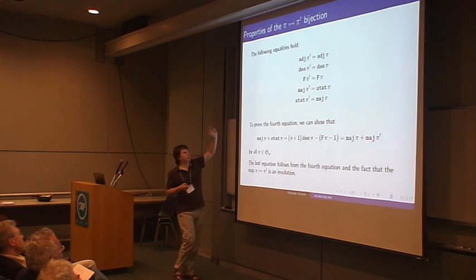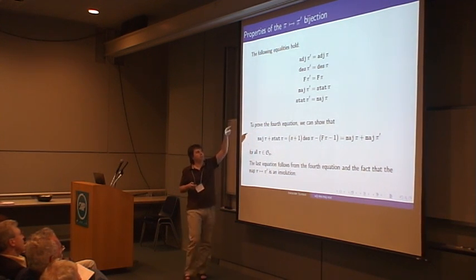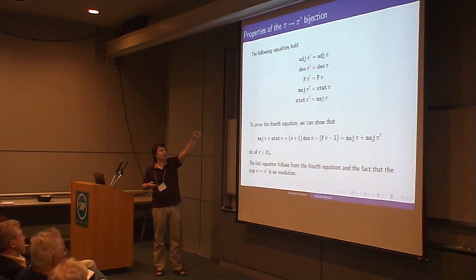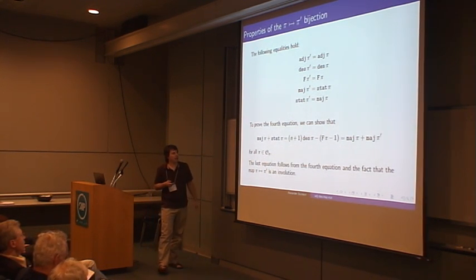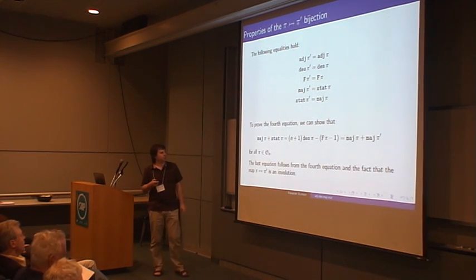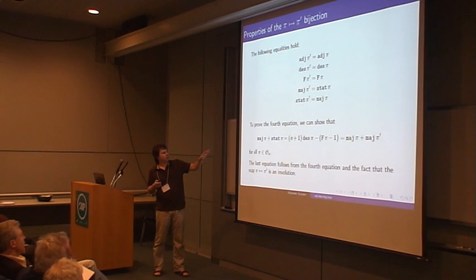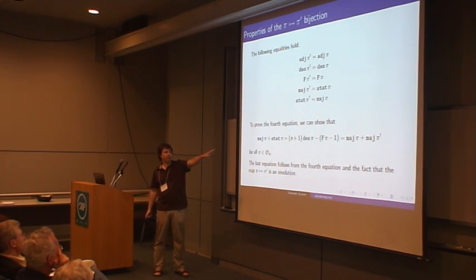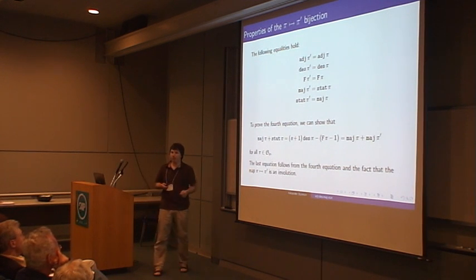So it's pretty straightforward to see that the adjacencies and descents, and well, the first letter, are preserved. That's just obvious. Adjacencies and descents are also pretty easy to see. And as far as major, the fact that it switches major and stat can be seen from, well, you can't prove this directly, but you can show that the sum of maj and stat in any permutation pi is equal to this, which is also the sum of major pi and major pi prime.